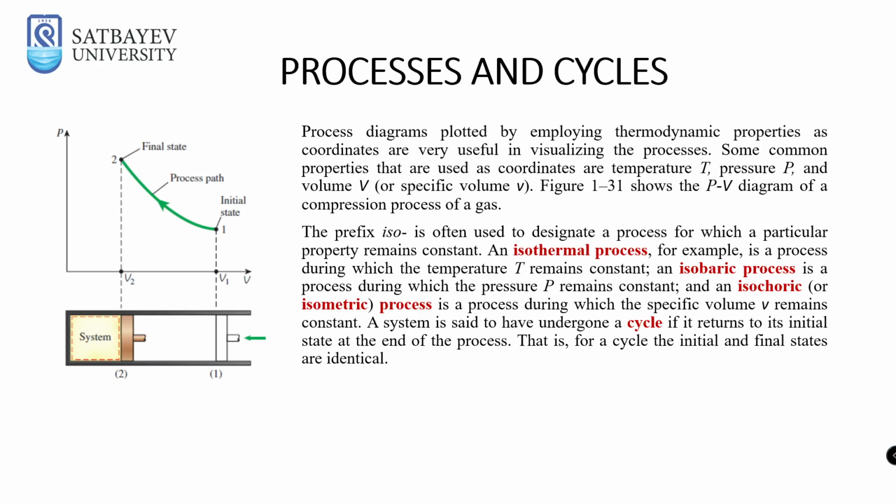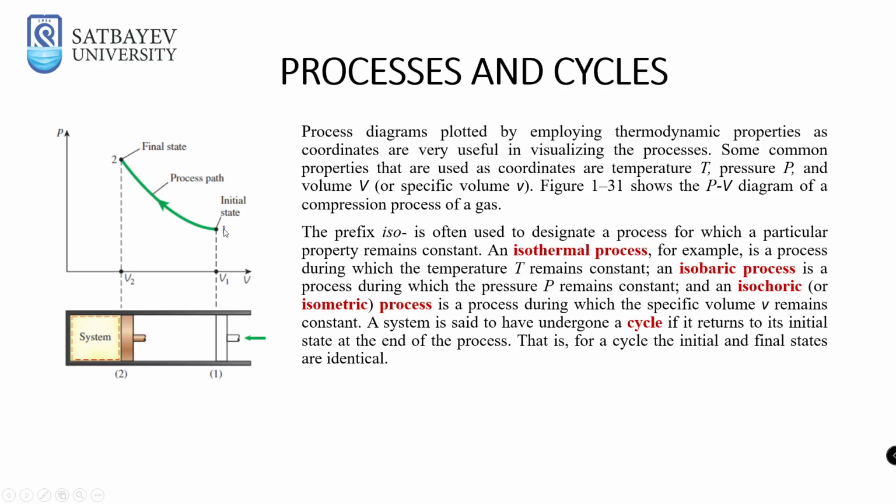The initial state in which the compression process is about to start is shown as point 1. As you may understand, under the compression process, the volume of the gas, it could be the specific volume or just the volume of the gas, will decrease.